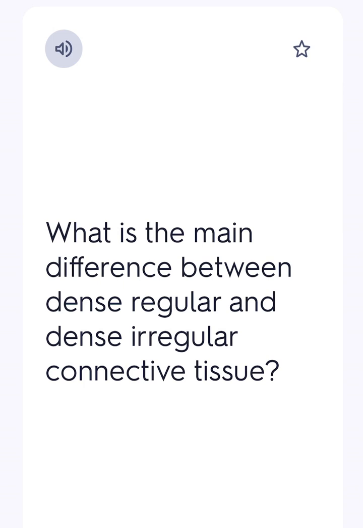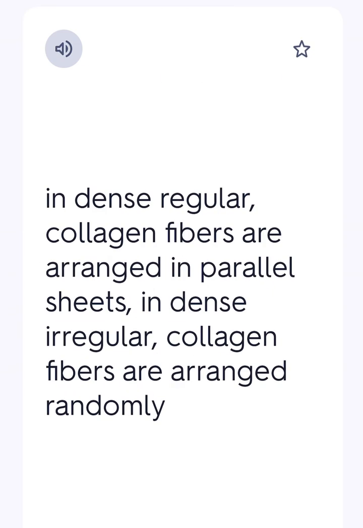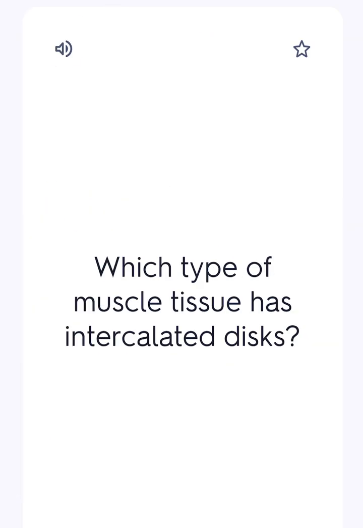What is the main difference between dense regular and dense irregular connective tissue? In dense regular, collagen fibers are arranged in parallel sheets. In dense irregular, collagen fibers are arranged randomly. Which type of muscle tissue has intercalated discs?